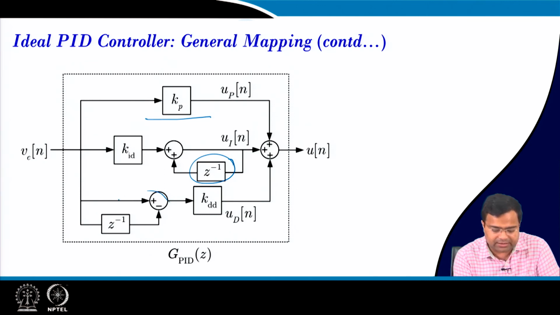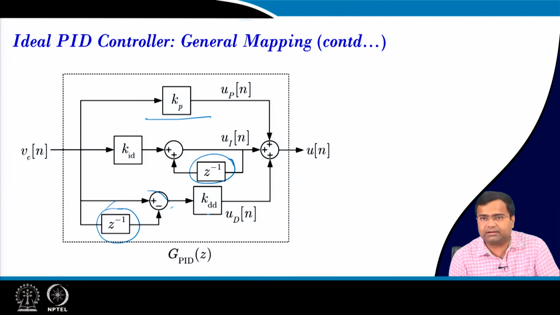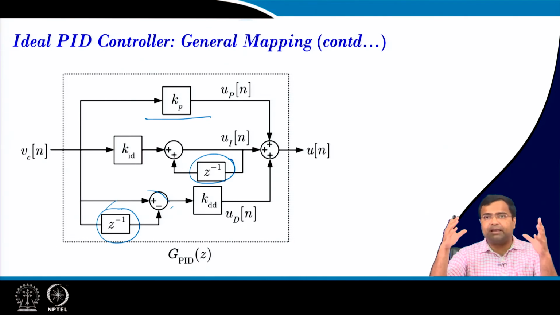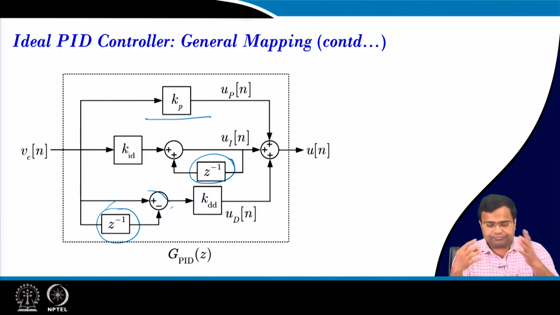So, you need a delayed input and then a subtractor, then multiplied by this digital derivative gain, and this is the digital integral gain. This can be realized by a register, and we want to realize it using MATLAB. I think we have already learned in the previous week how to do this block level MATLAB implementation.